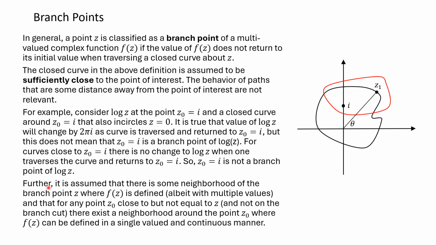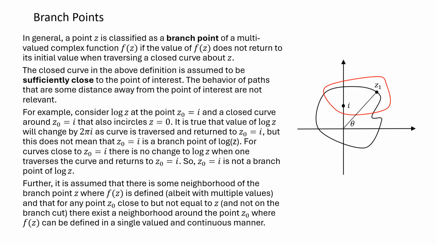Further, it is assumed that there is some neighborhood of the branch point z where f of z is defined, albeit with multiple values, and that for any point z sub 0 close to but not equal to z, there exists a neighborhood around z sub 0 where f of z can be defined in a single valued and continuous manner.